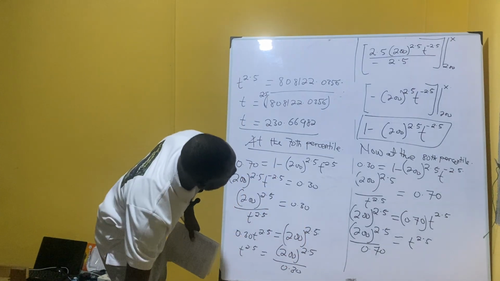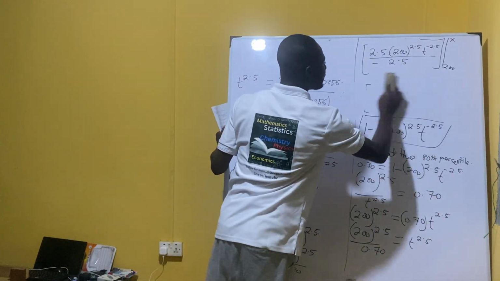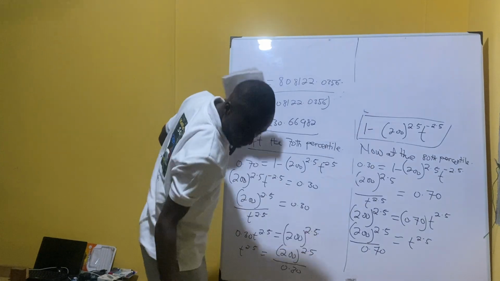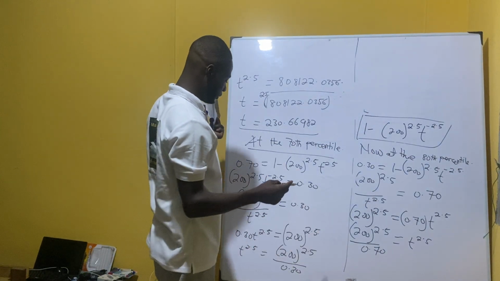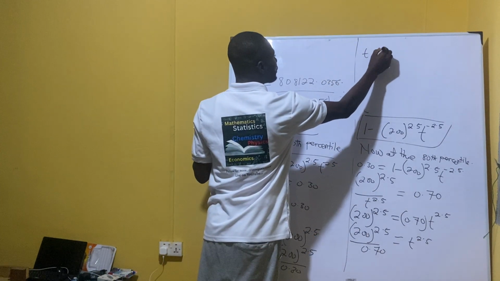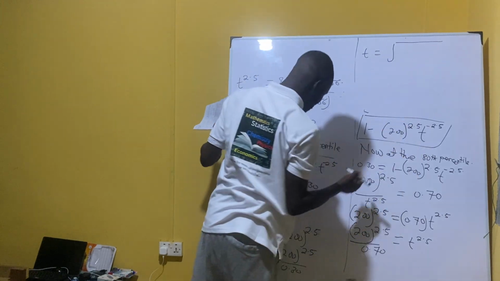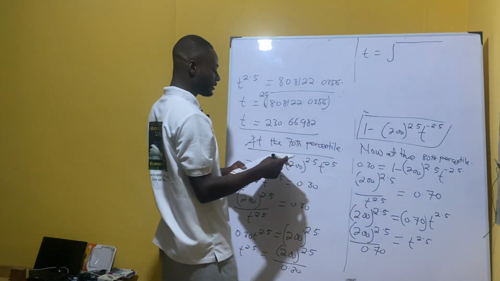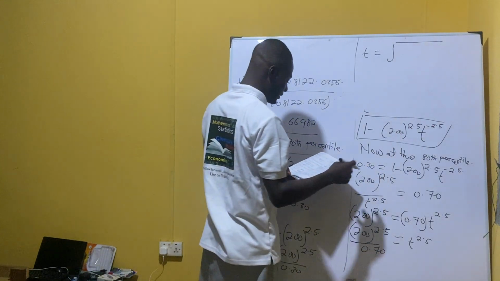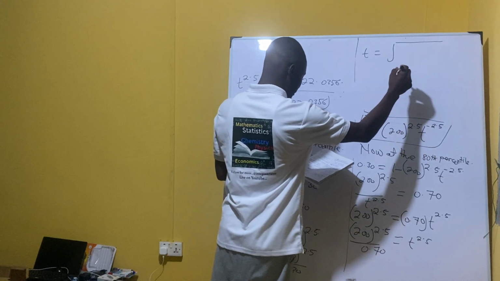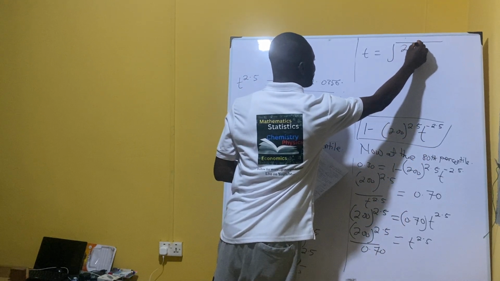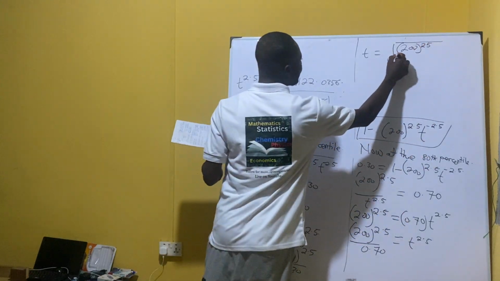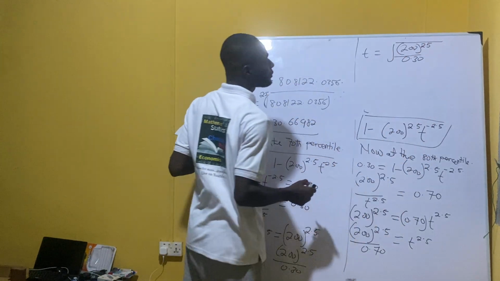Now again, we take the 2.5th root of this particular number, that is 200 power 2.5 all over 0.3.